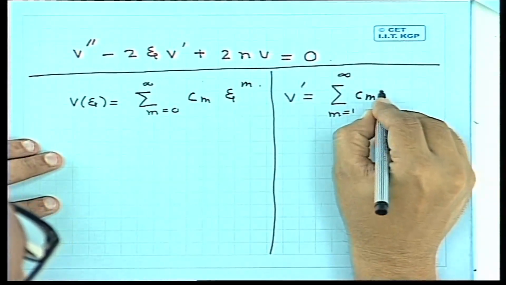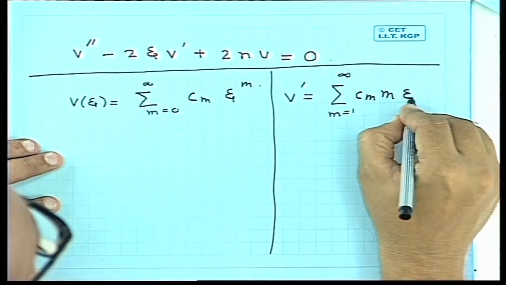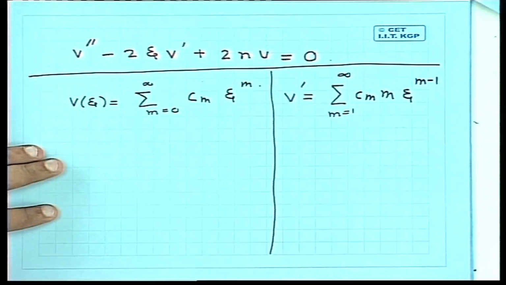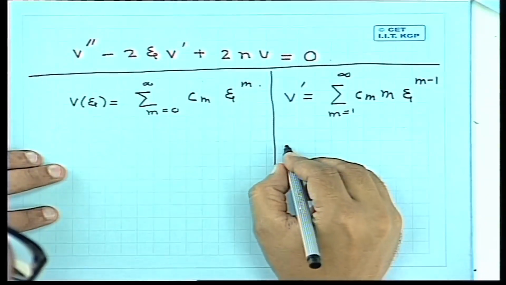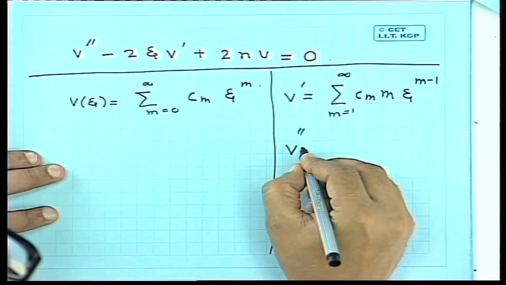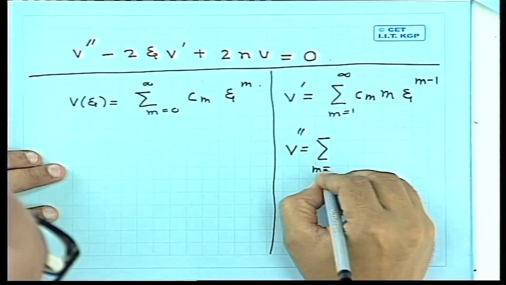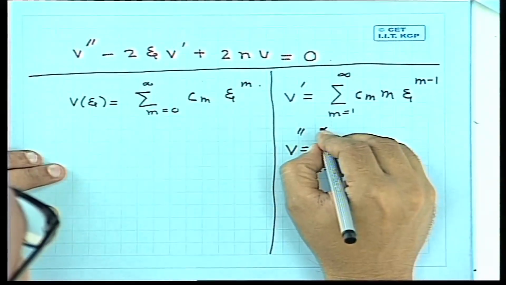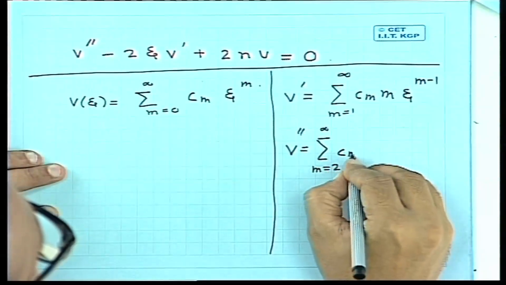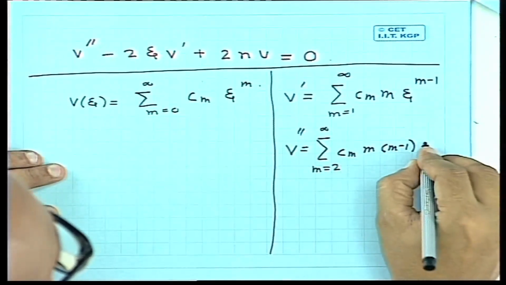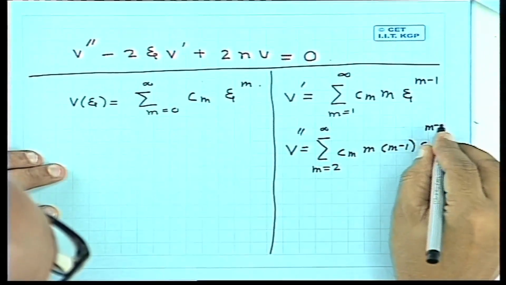We have Cm into m into xi to the power of m minus 1, and v double prime is equal to, now m will start from 2. So, we have Cm into m into m minus 1 into xi to the power of m minus 2.